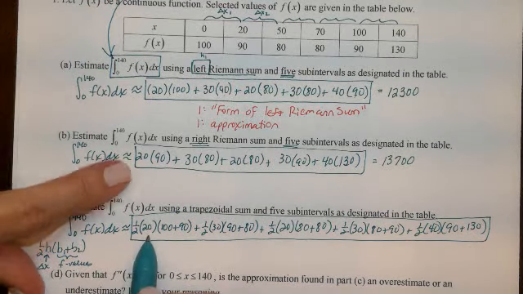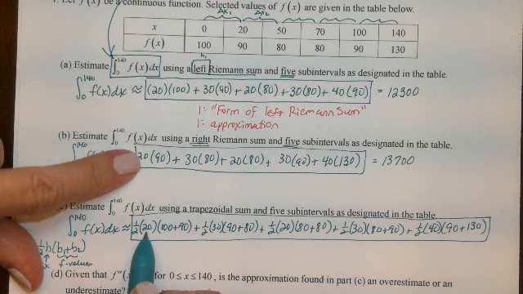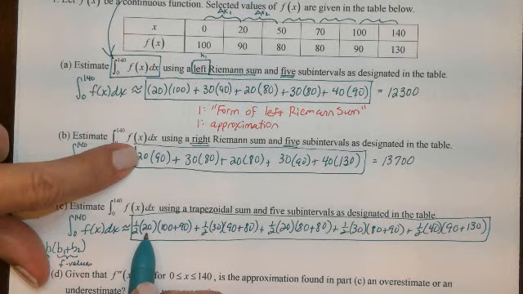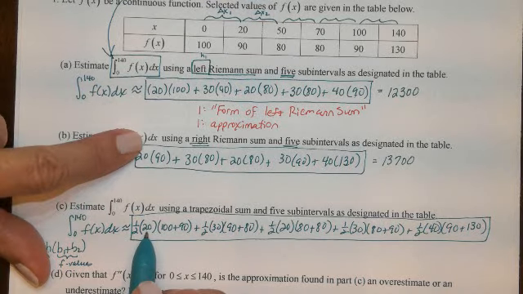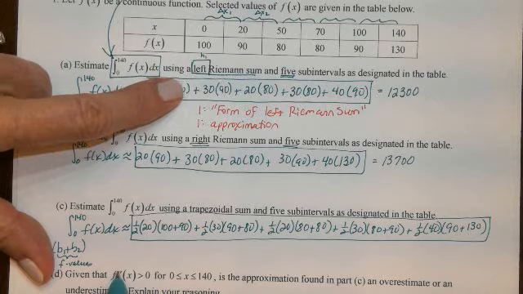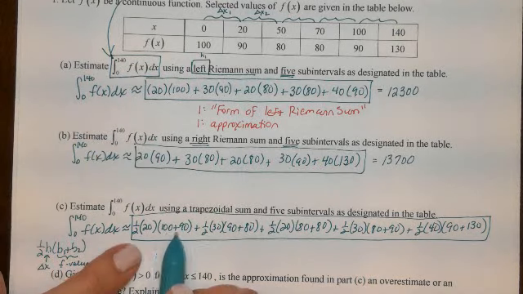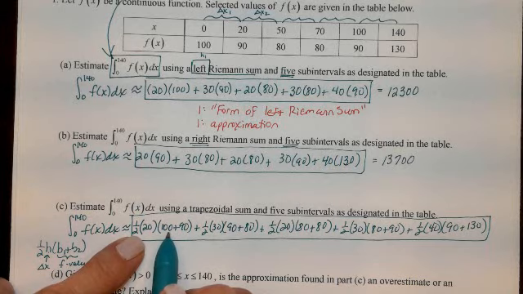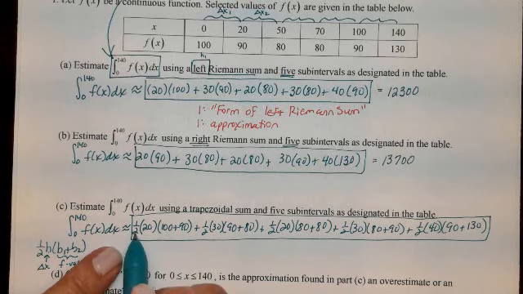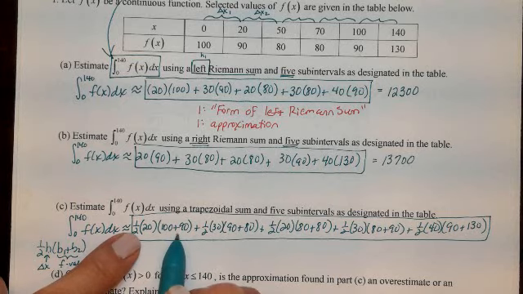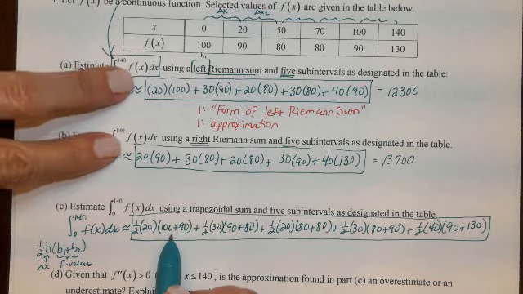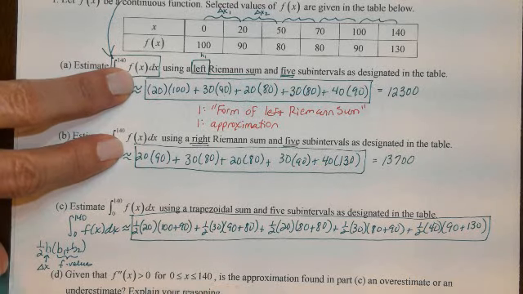So if you take a look at what we did here, the 20 was the same in all three pieces, right? The Left Riemann sum used the 100, the right used the 90, and what did the trapezoid do? The trapezoid took the average of the two. 100 plus 90 divided by 2. That's the average of them. So essentially the trapezoidal sum averages the left and the right sum.